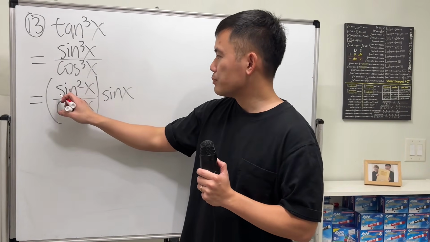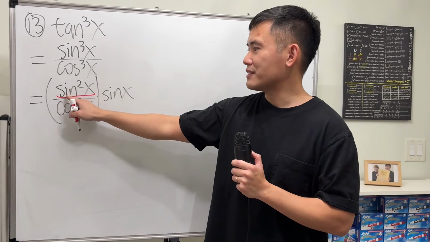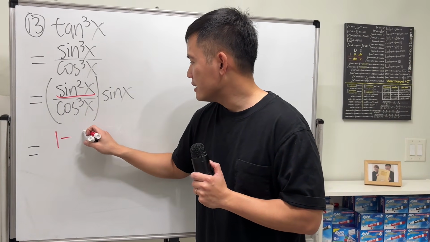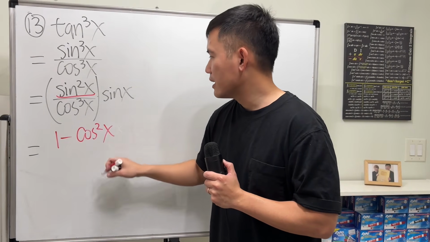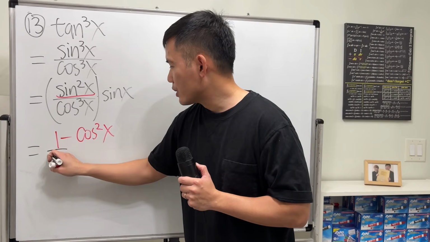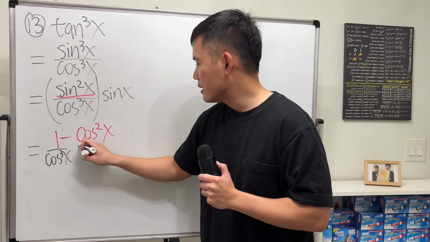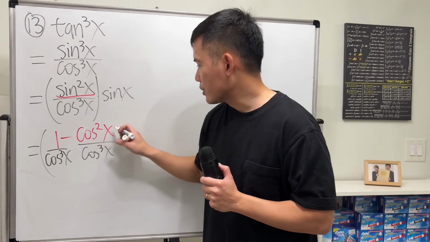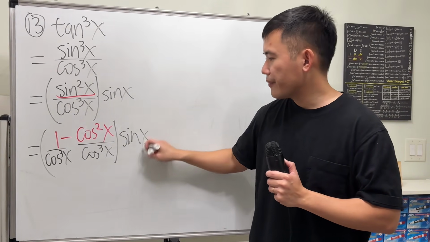Yes, and the expression is going to be quite nice because we have sine square x. This right here is 1 minus cosine square x, and then go ahead and divide this by cosine to the third power, and likewise here. And then multiply that by sine x.